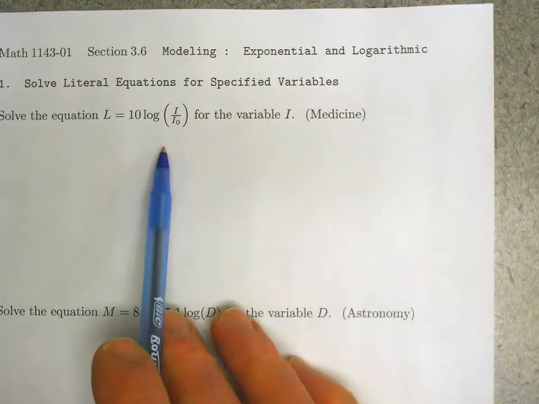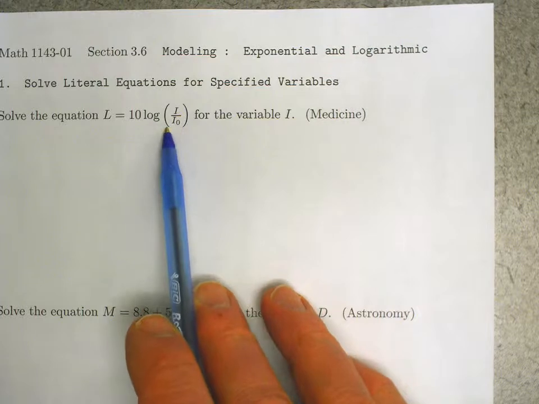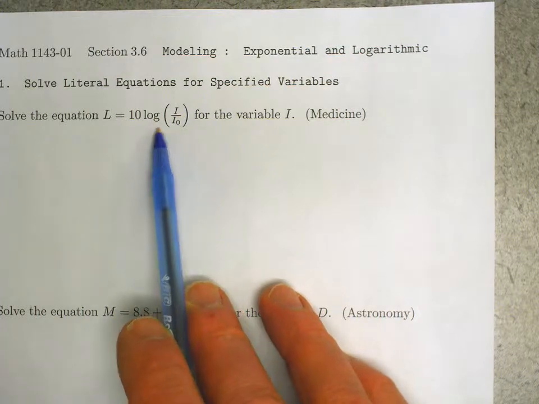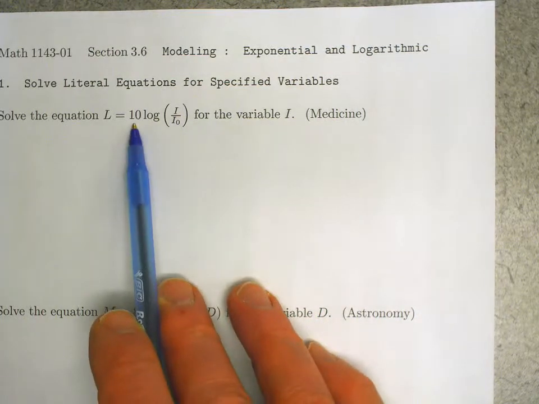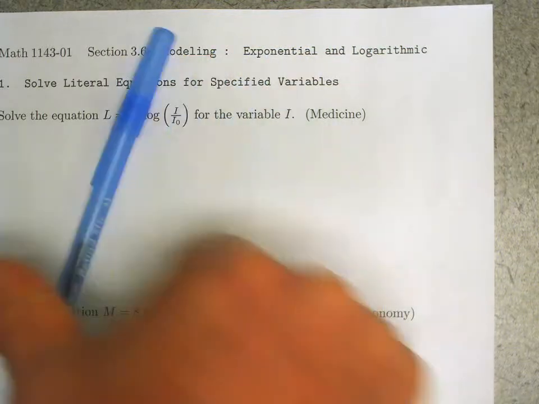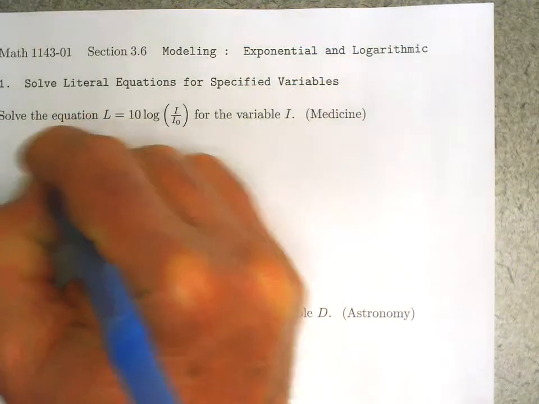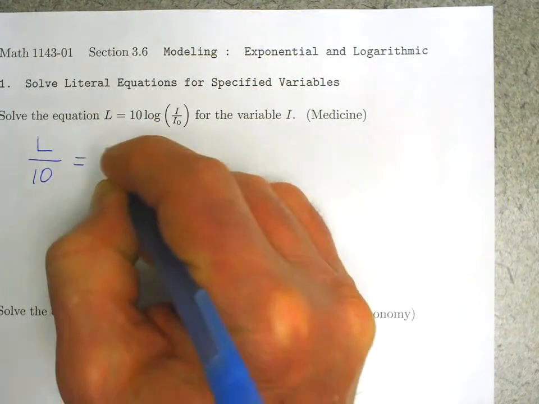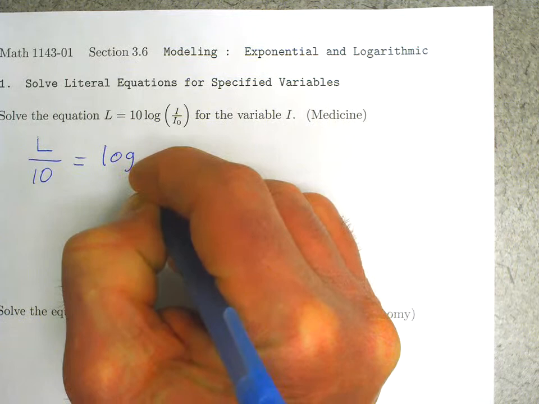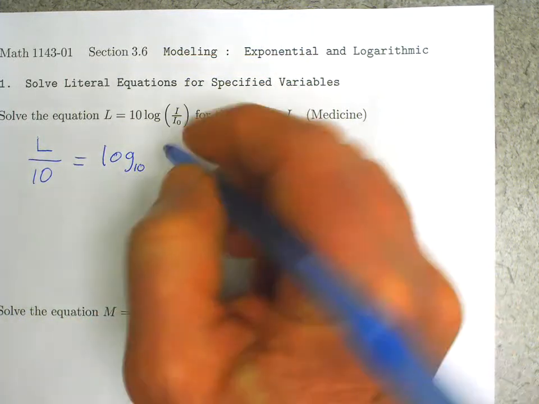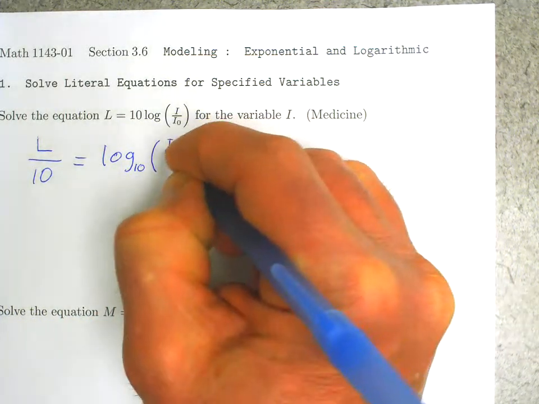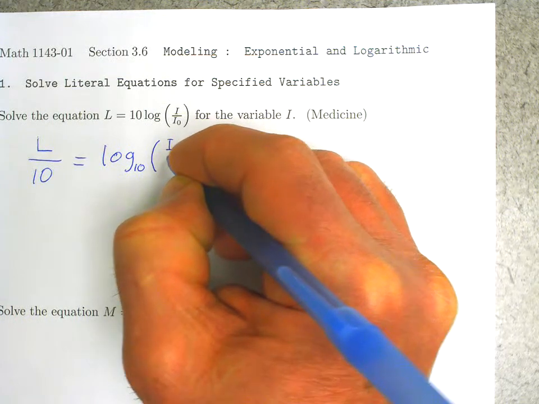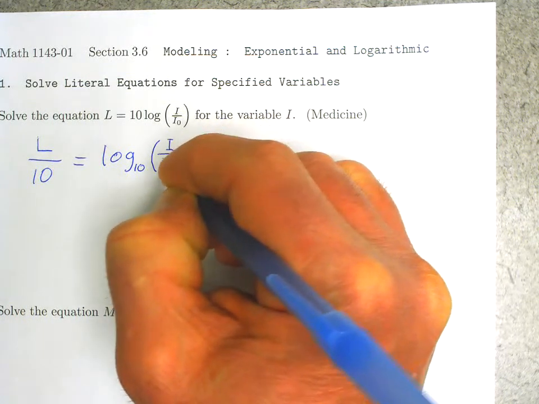Okay, so we want to solve for capital I, but it's in the argument of this base 10 log. So the first thing to do, divide both sides by 10. So you get capital L divided by 10 equals the base 10 logarithm. You don't need to write base 10, but I'll write it anyway. The base 10 log of capital I divided by I sub 0.